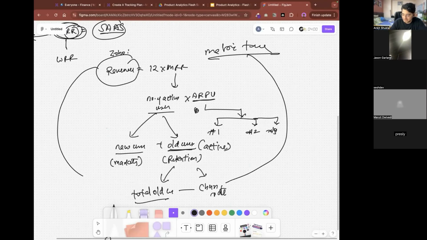This is the churn rate. If we are taking active users, that's okay. But if you want to calculate active users, that means yes, you are acquiring a lot of users, but many users are actually leaving your system, which is the churn rate.